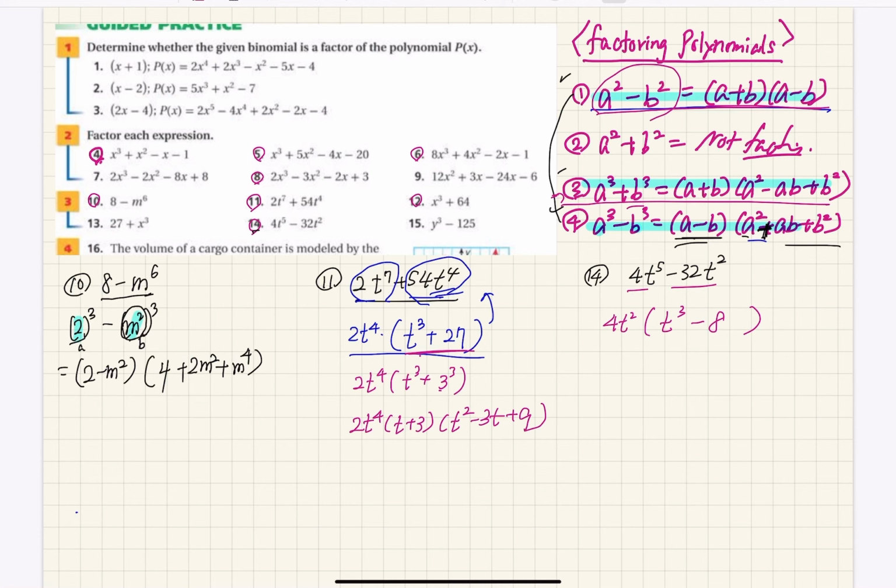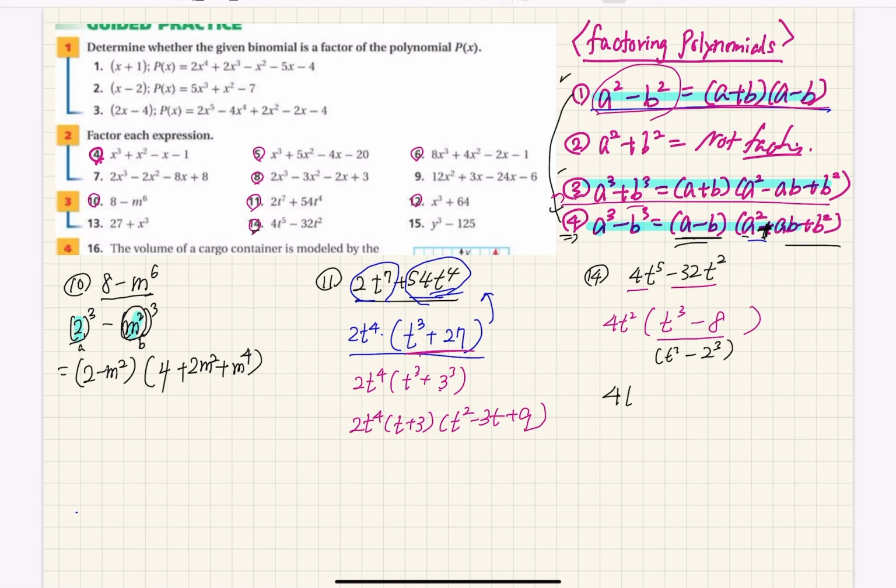T to the third power minus 8 has the a to the third power minus b to the third power form, right? So you can use the number 4 rule. Select t to the third power minus 2 to the third power.